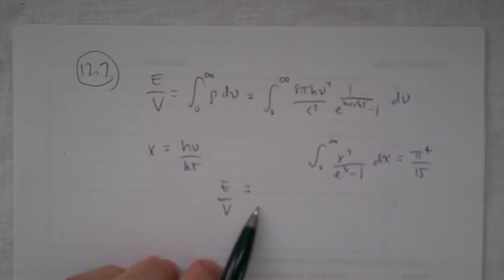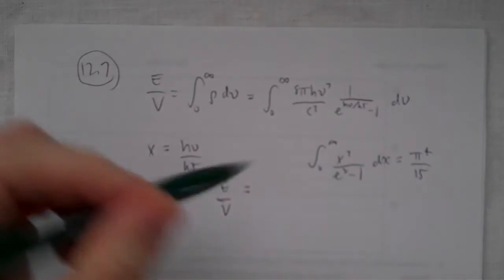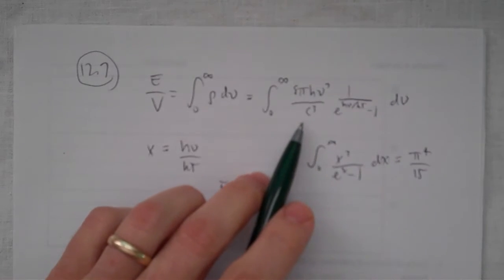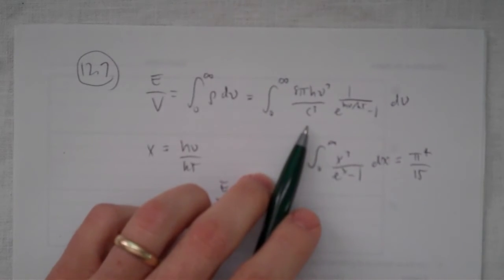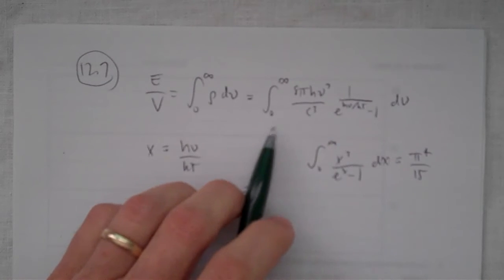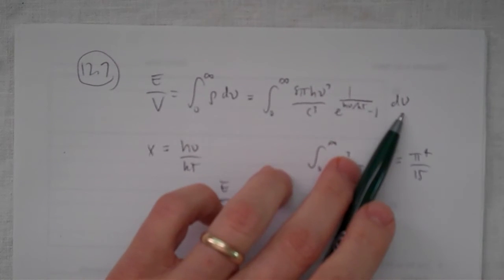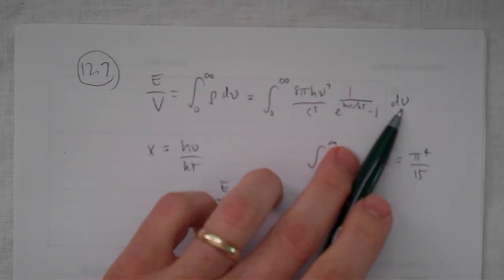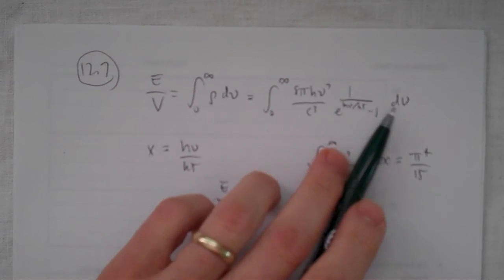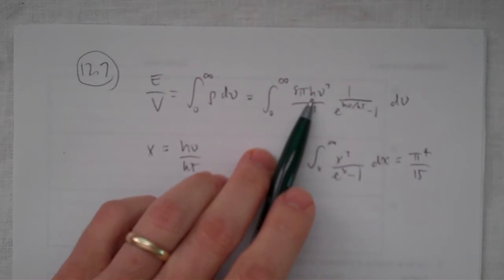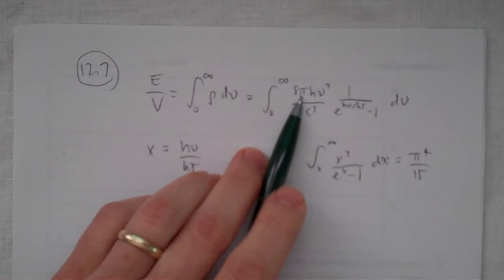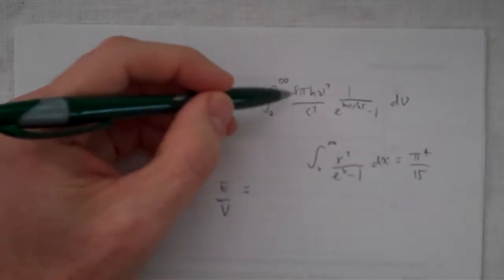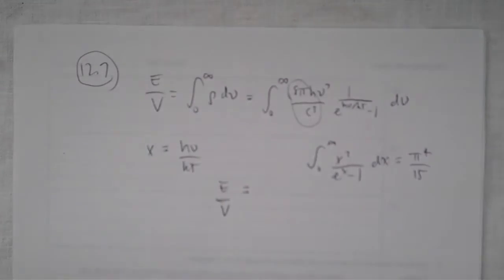So the energy density is given by this integral right here. First thing I'm going to do when I'm doing integrals is take all the constants and move them outside the integral to make this look cleaner. There's just a lot of junk in here, right? This is the integral with respect to nu, and those are constants with respect to nu. So I can bring that outside the integral.